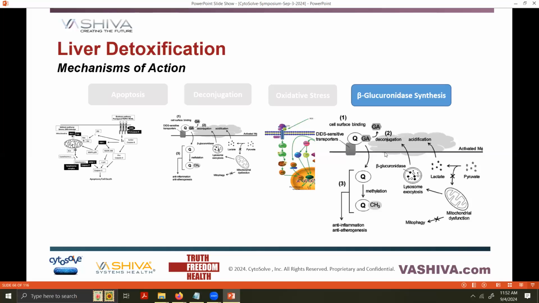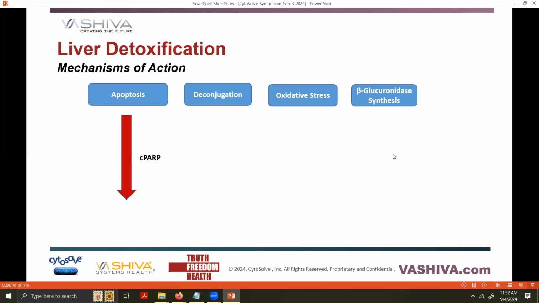Each of these pathways is associated with a particular biomarker that you either need to upregulate or downregulate to take care of the detoxification process. For example, for apoptosis, you have CPARP as a biomarker, and you need to downregulate that biomarker so that your healthy liver cells don't die.